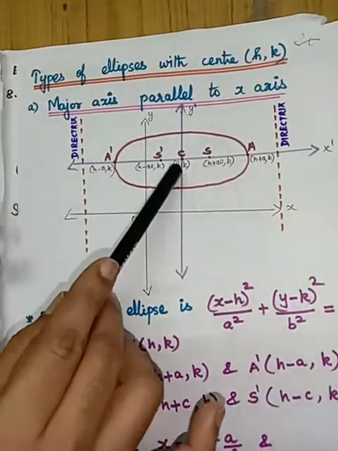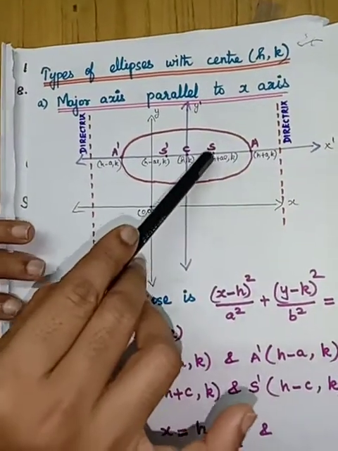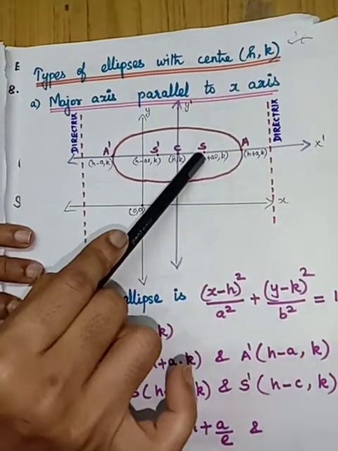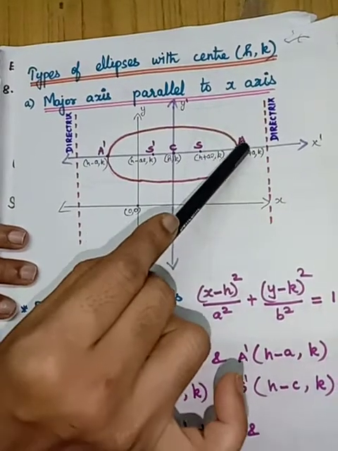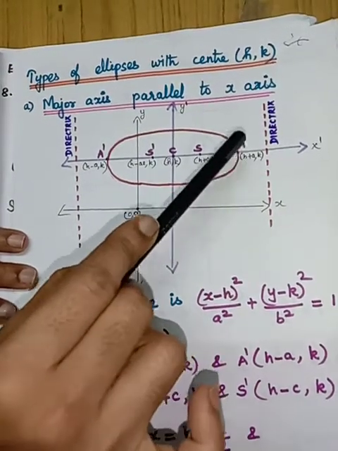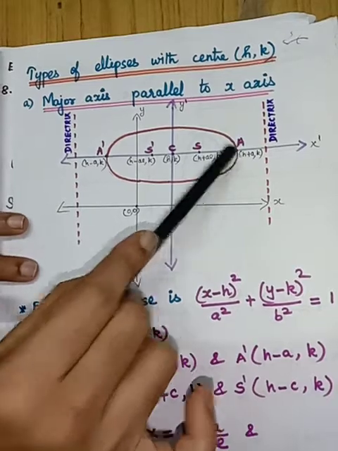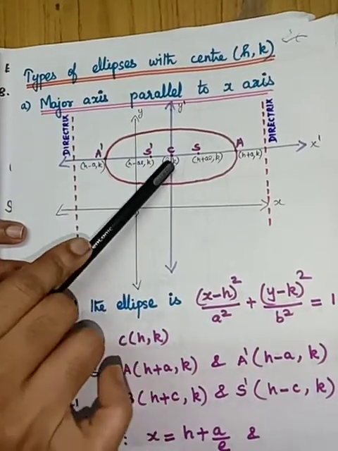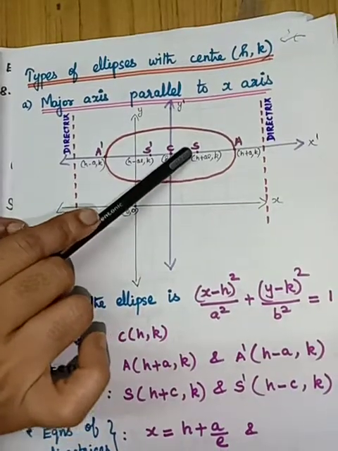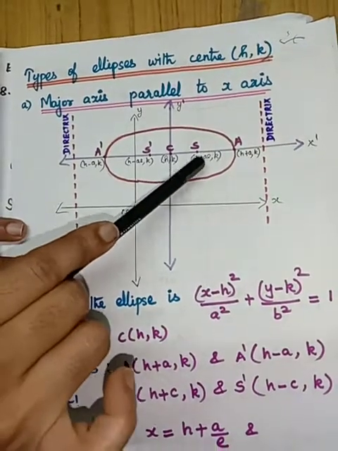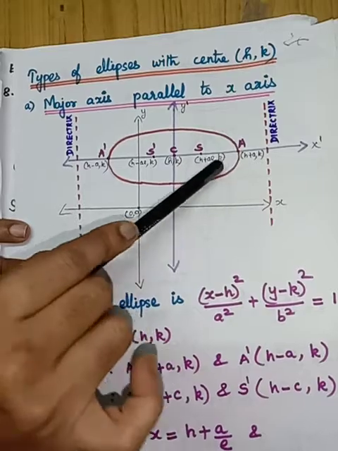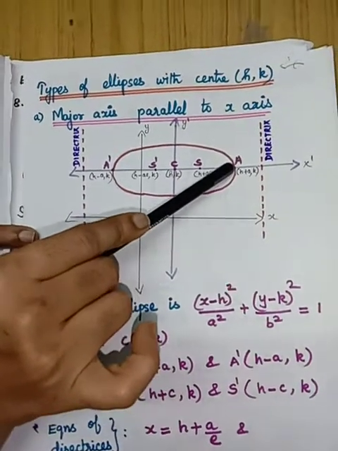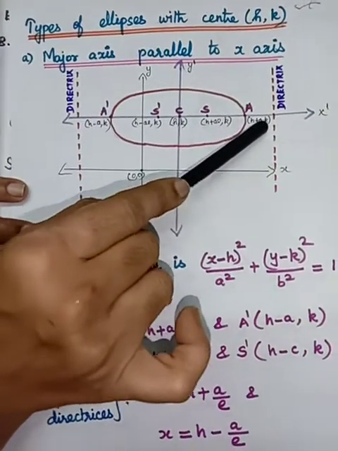Now, what is this? First, S is nothing but the foci, and A is nothing but the vertex of the ellipse. Now the center is h, k, so your foci will be h plus ae, k, and the vertex will be h plus a, k.